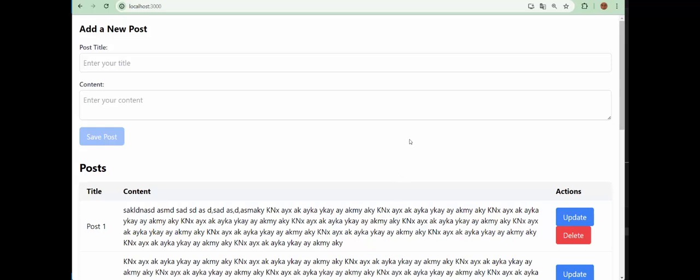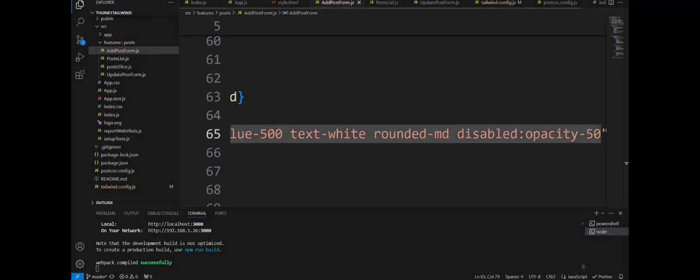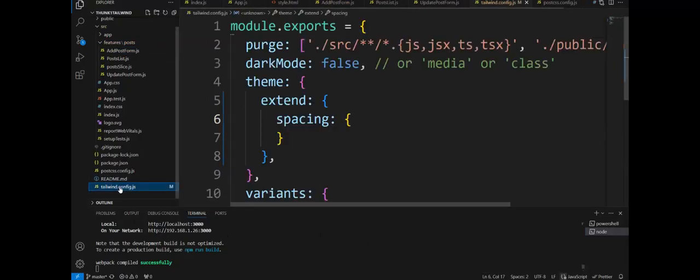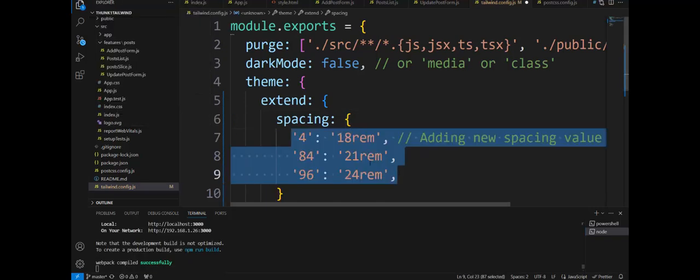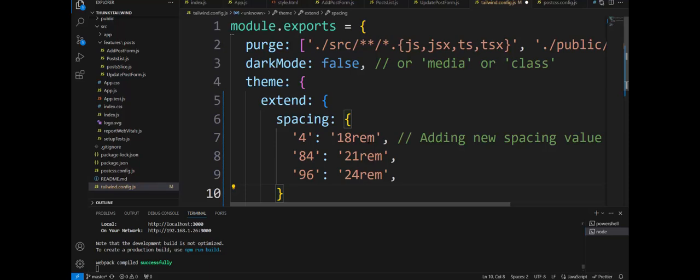But you can go in system design to see how we change globally. Here it is, how we change global. For example, here we can add some spacing.